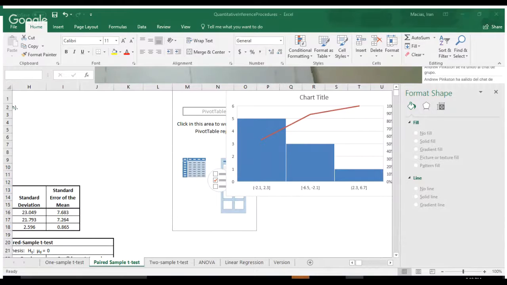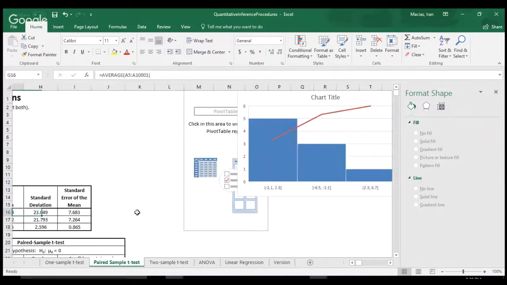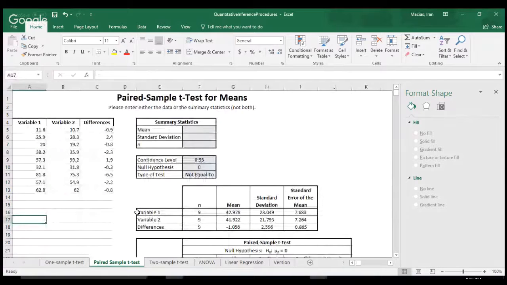Just the 5 descriptive numbers. It's in the table, not in the graph. So the mean is we use the difference. The standard deviation, the mean of the difference, and the standard error of the mean is what we use.